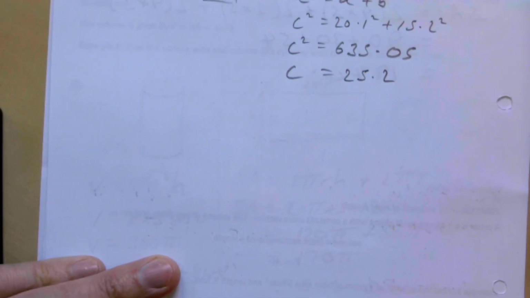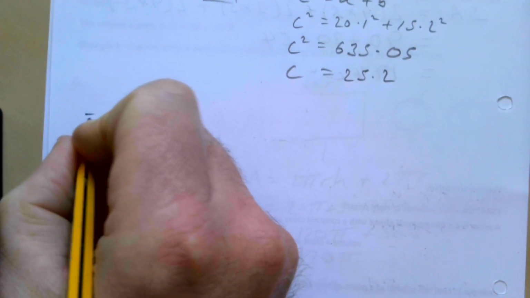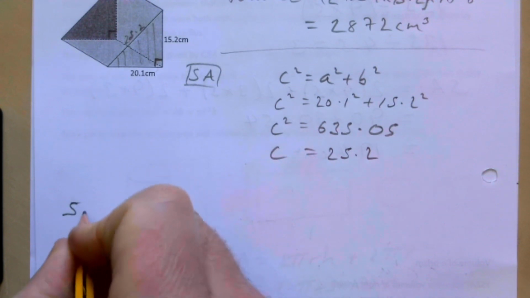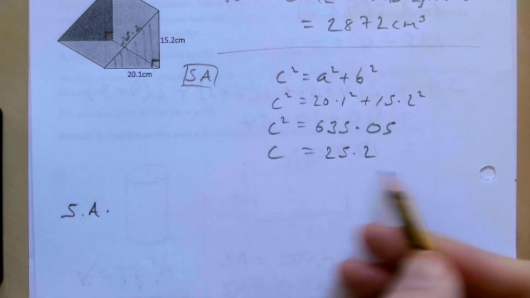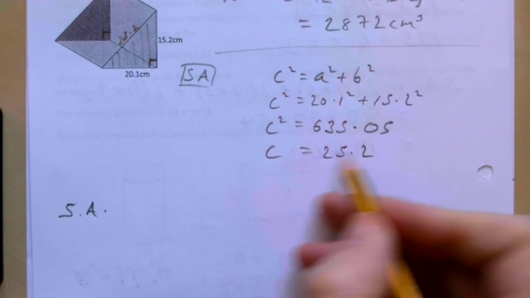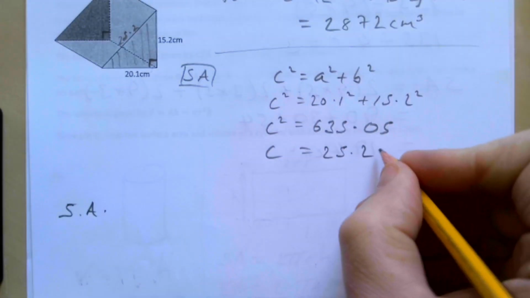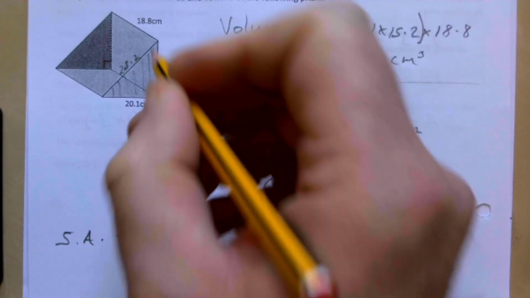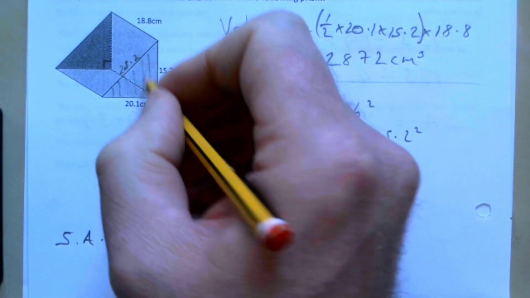So in terms of our surface area, we have 5 faces to work out. Let's work our way through them. Hopefully we're all up to speed in terms of what I've done there. This length here is 25.2 centimeters. Our surface area then is going to be this triangle times by 2.